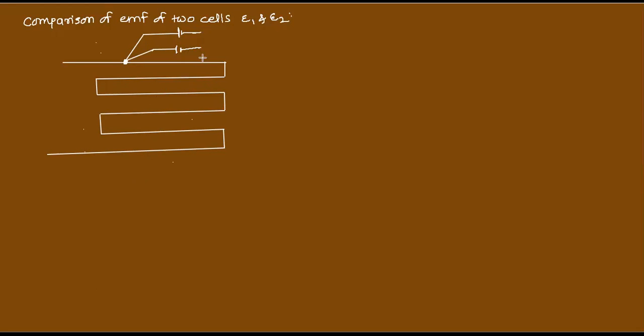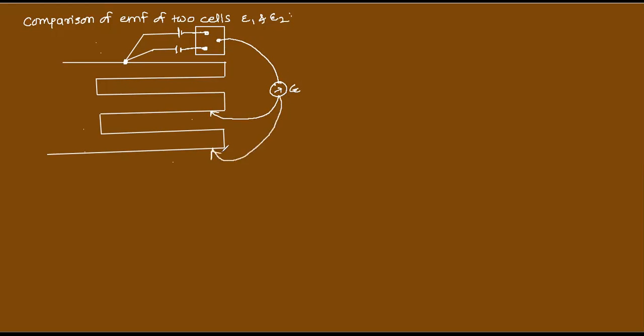Then this whole thing we have connected to a key arrangement like this. Like this the key is there, and then from this we are connecting the galvanometer. This is your galvanometer, and you are getting null points over here.